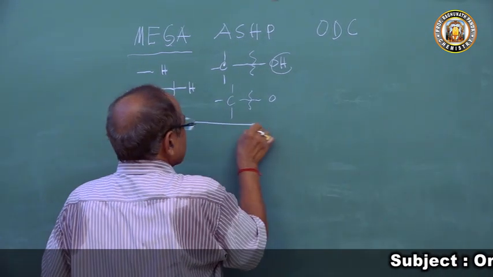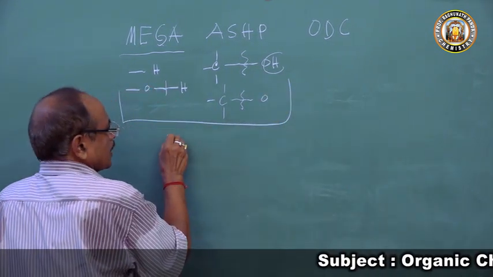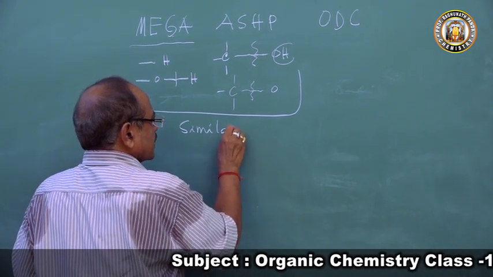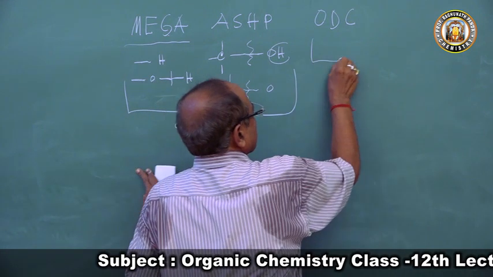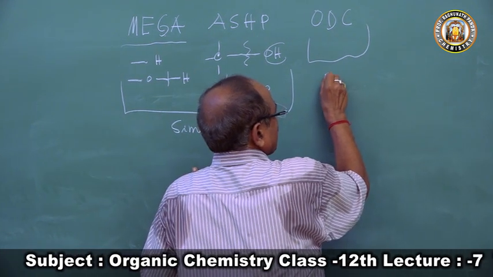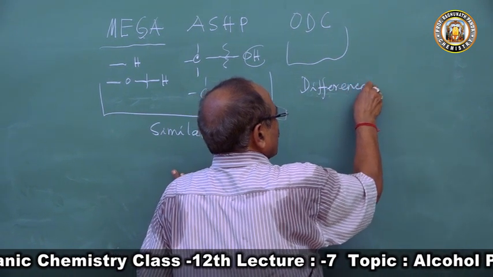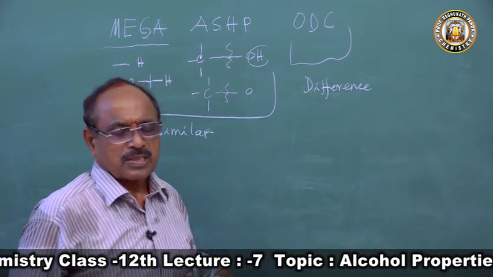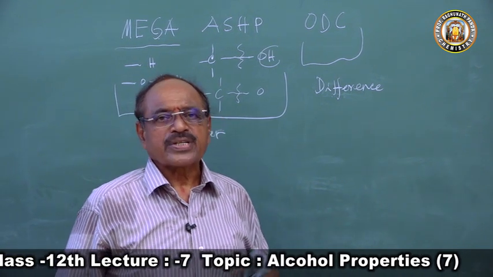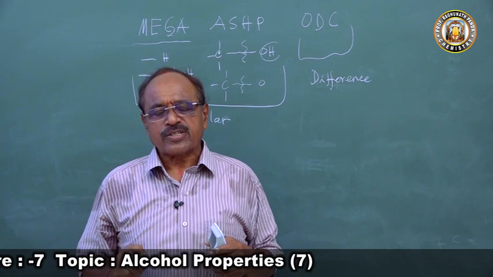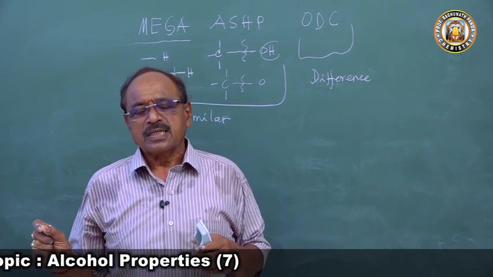And in these reactions, in MEGA ASHP, they are similar, but the order of reactivity differs, and here ODC distinguishes the alcohols. If a question comes to you, a student of science, plus two science or 12th class, in a board exam: what are the properties in which the three types of alcohols differ?